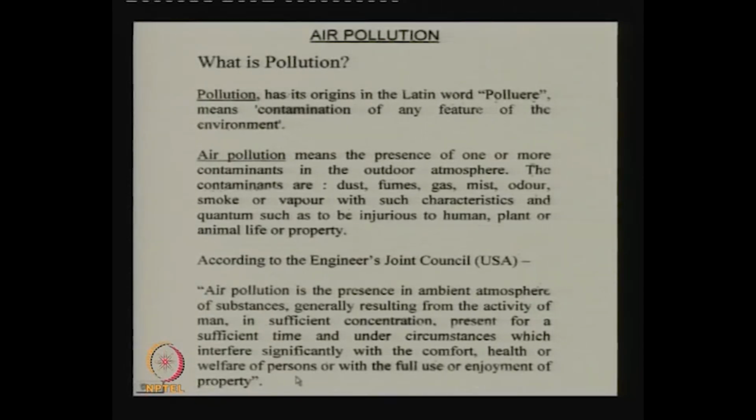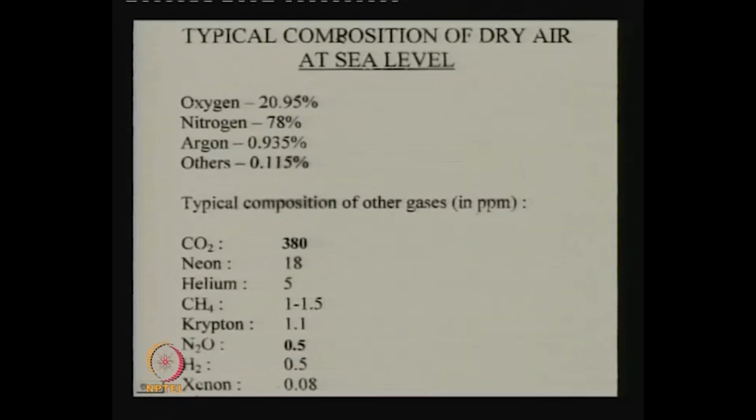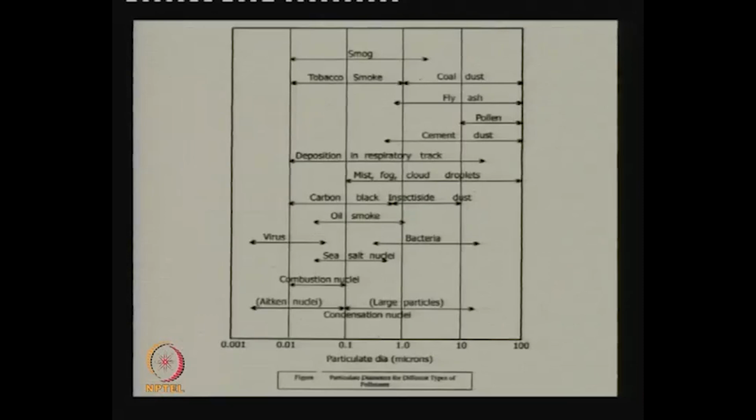So, comfort is also included, or with the full use of enjoyment of property. So, when you talk about adverse effect, you are not talking about adverse effect only on humans, animals, plant kingdom, property, everything is included. We also talk about comfort and enjoyment.